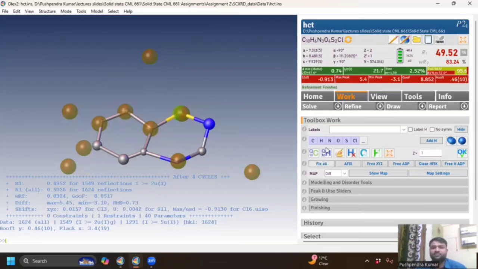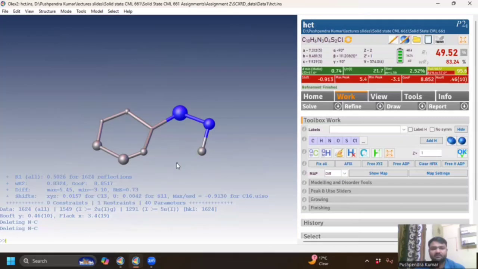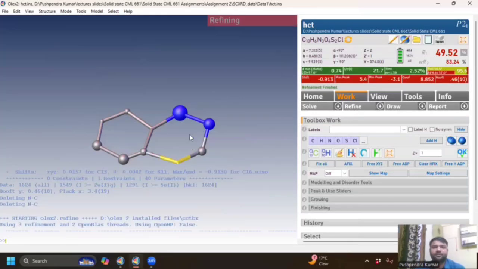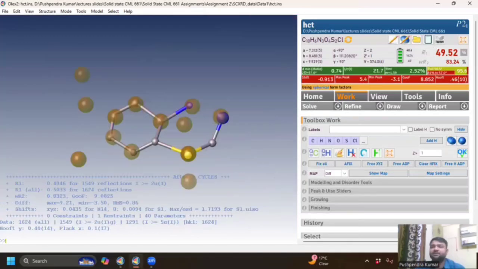I am changing this to nitrogen, and I am changing this to sulfur. For changing this atom, I have to choose the atom that is present between these bonds, so I have to delete these bonds first and then select the atom. I select this atom, change it to sulfur and refine again. You can see the structure changes and the R factor decreases to 49.